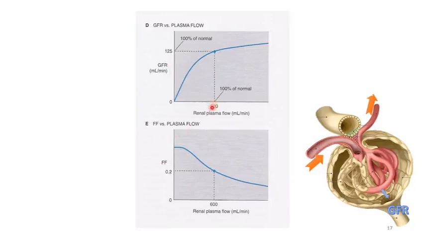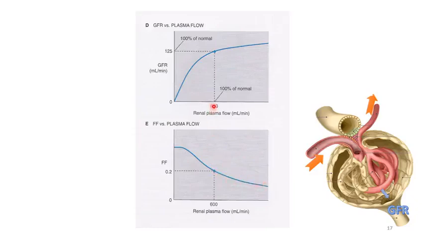The normal range of renal plasma flow is about 600 milliliter per minute, and when the renal plasma flow is increased due to increased renal blood flow to both kidneys, GFR is not changed so significantly, because by increasing renal plasma flow, filtration fraction will decrease at the level of glomerular capillaries.